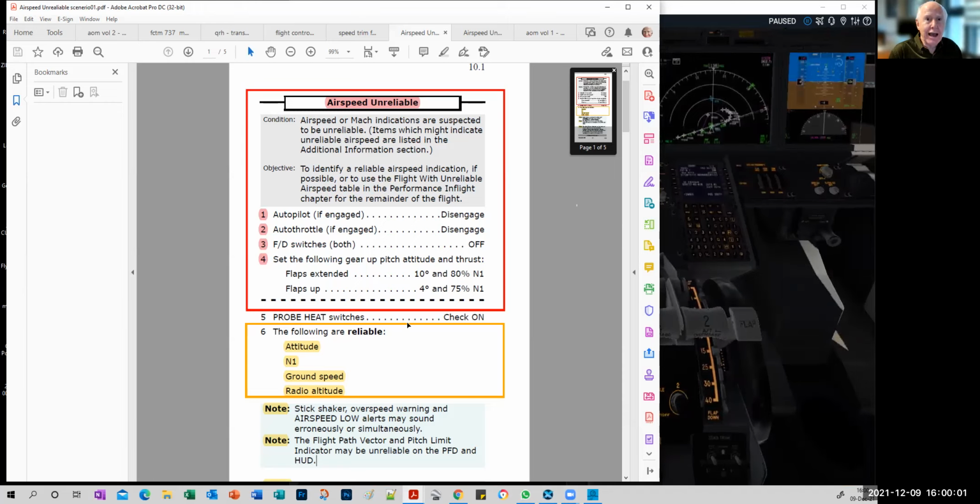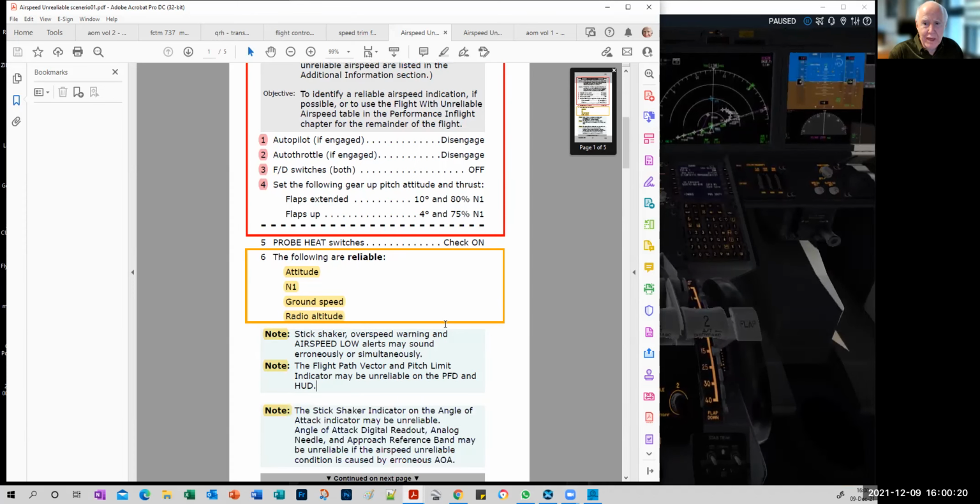So when you're studying, may I suggest that you study with both your I copy from your iPad and your QRH hard copy, which is a PDF file that we're looking at now, side by side, so that you know what to expect on the airplane.